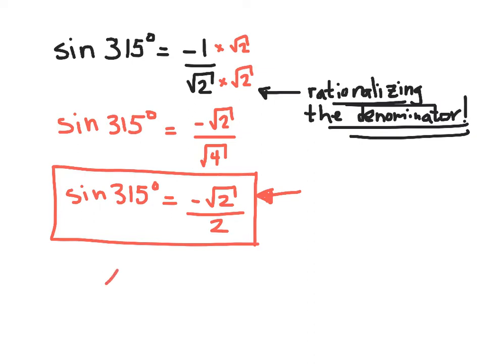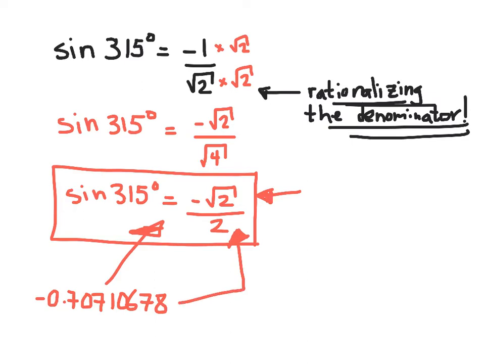How do you double check to see if this is correct? Well, if I do the sine of 315 on my calculator, I get the number negative 0.707106, and this number goes on for quite a while, but I'll write that many numbers. If I do negative root 2, so the negative of root 2 divided by 2, actually I get the exact same number.